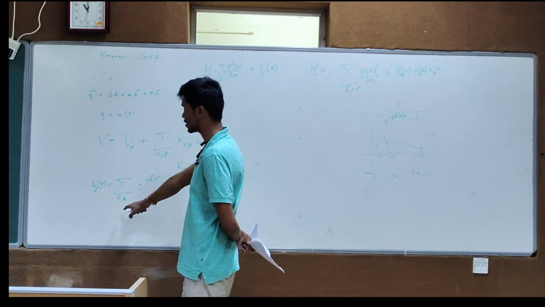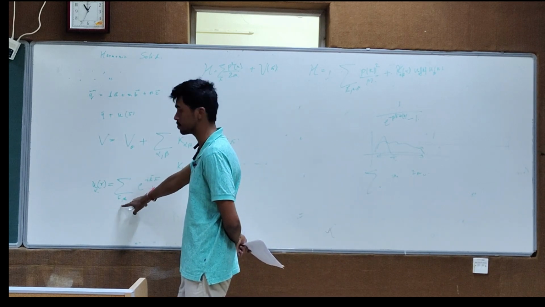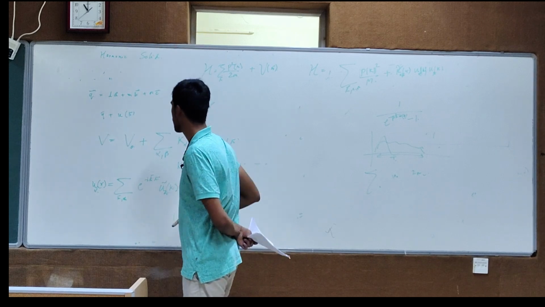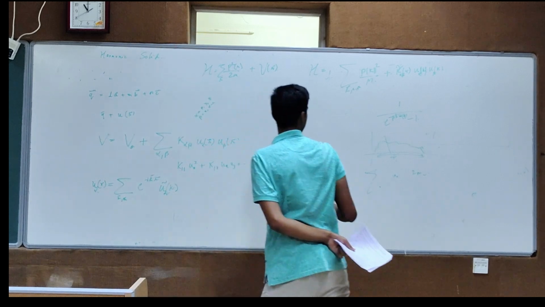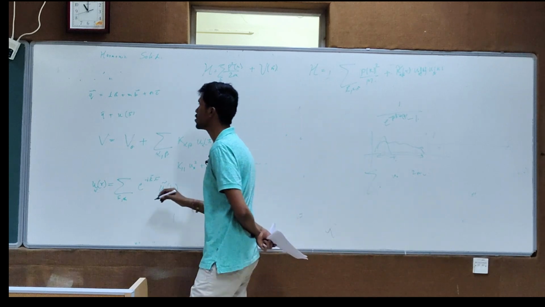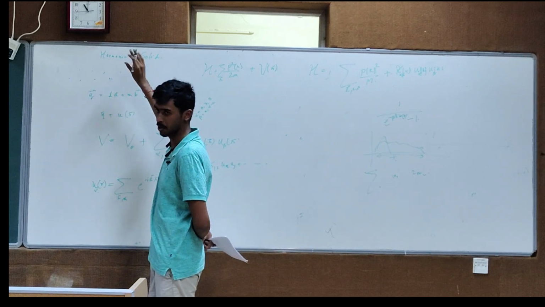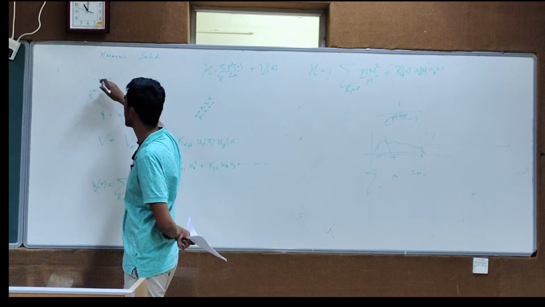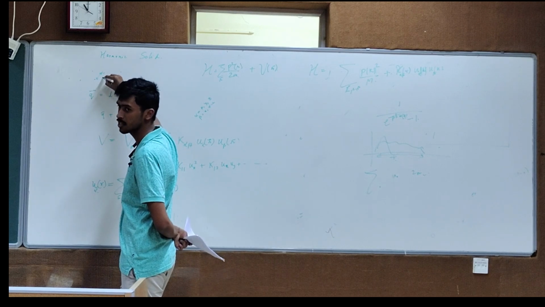Similarly, you will have a sum over different k's, because here it is a three-dimensional periodic thing, and these k's will be restricted to something called a Brillouin zone, because you can't go lesser than this distance a.